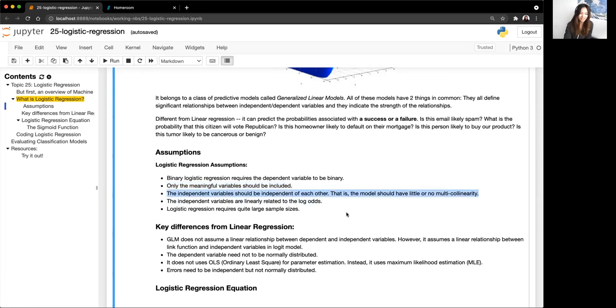Next, the multicollinearity assumption holds the same way in logistic regression as in linear regression. Next, the linearity assumption. Instead of your features just being linearly related to the target, you need your independent variables to be linearly related to the log odds. I'll talk about what log odds is later, but it's a transformation of your target variable, because your target variable can only be 0 and 1.